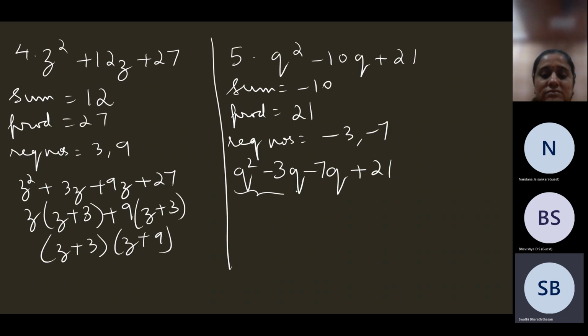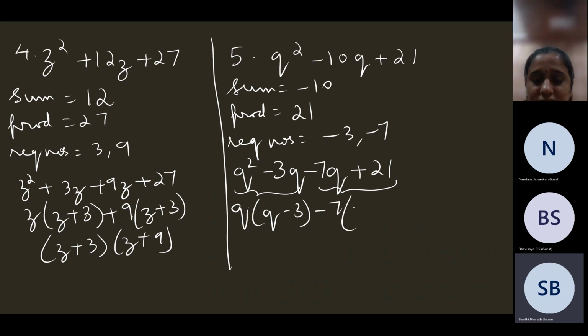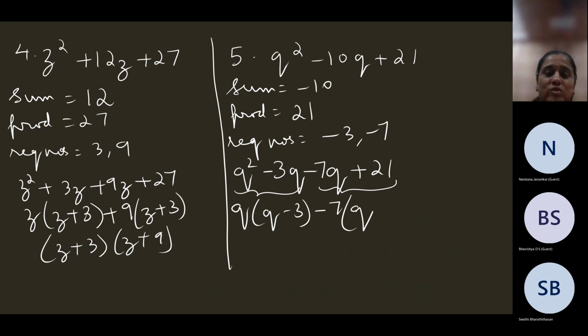Q as common, and Q minus 3. Minus, ma'am, 7 is common. Ma'am, Q plus 3. Not plus, you're going wrong here most of the times, Swati.